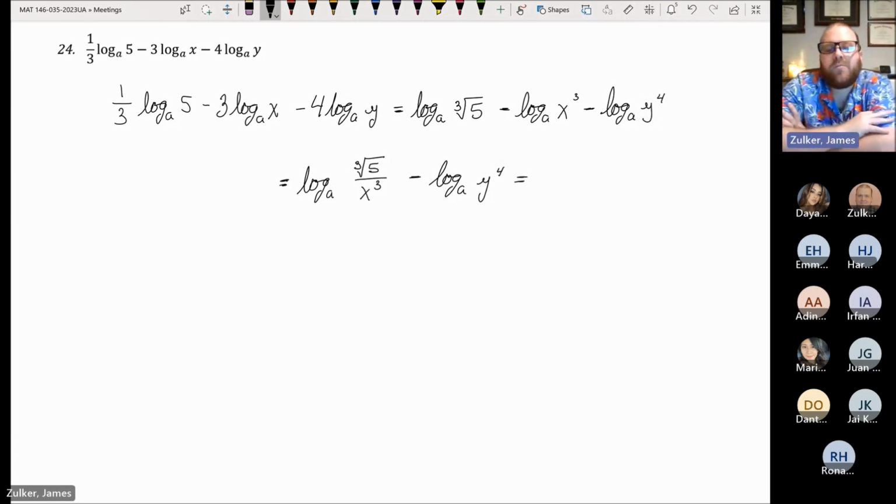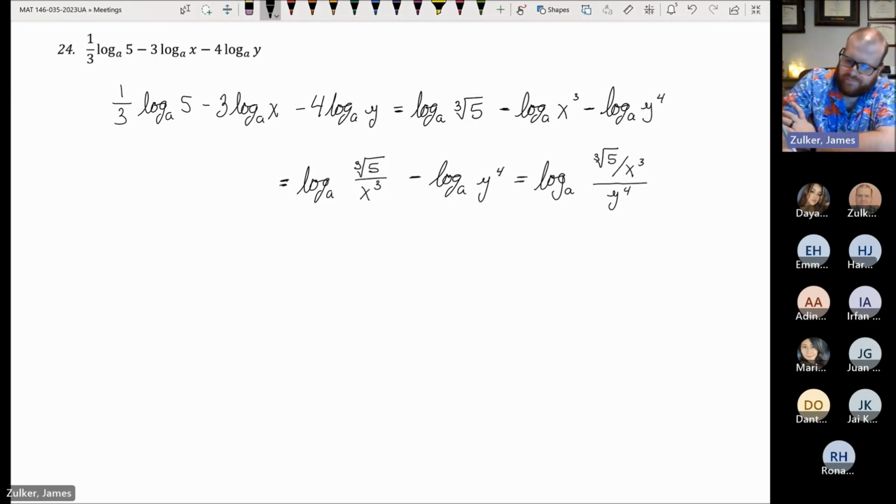But now we have a quotient of logs again. I'm sorry, a difference of logs again. Which makes it the quotient of the logs. Right?